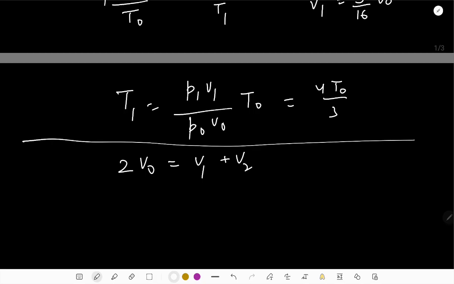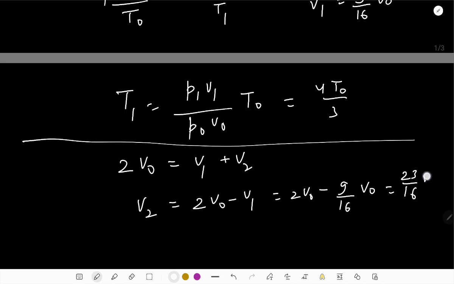So we know the value of V1, we can find the value of V2 as 2 V0 minus V1, and that will be 2 V0 minus 9 by 16 V0, and that you will get 32 minus 9, 23 upon 16 V0 is the value of V2.